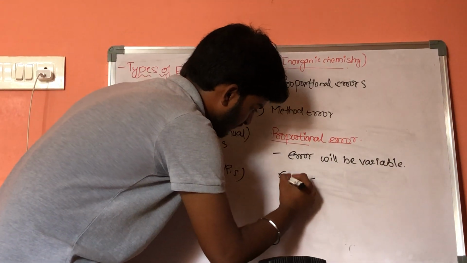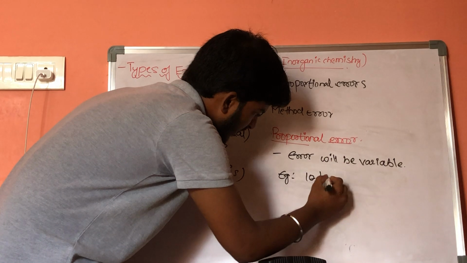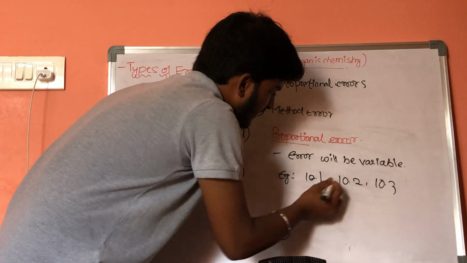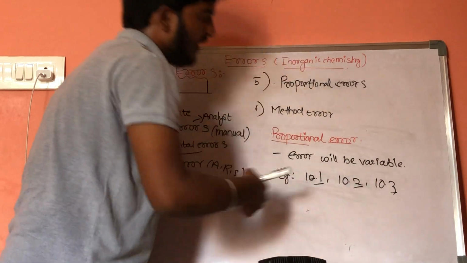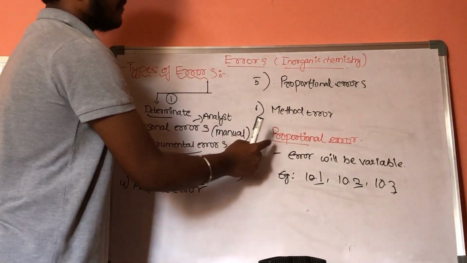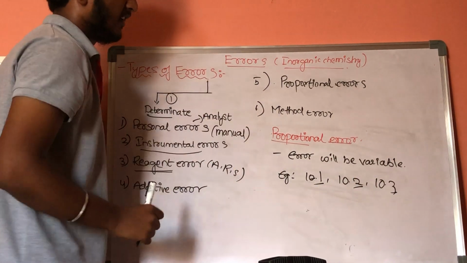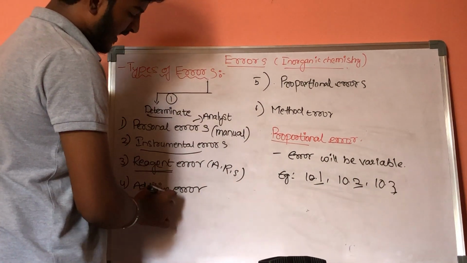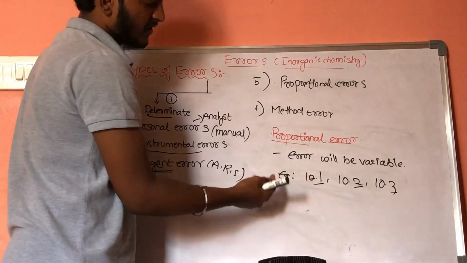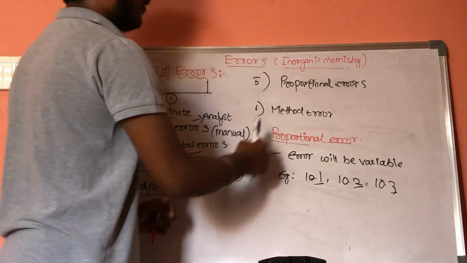Example: 10.1, 10.2, 10.3. This 0.1, 0.2, 0.3 will be variable, and it is not constant. This is the difference between additive error and proportional error. In additive error, the error which is formed will be constant, whereas in proportional error, the error which is formed will be variable.